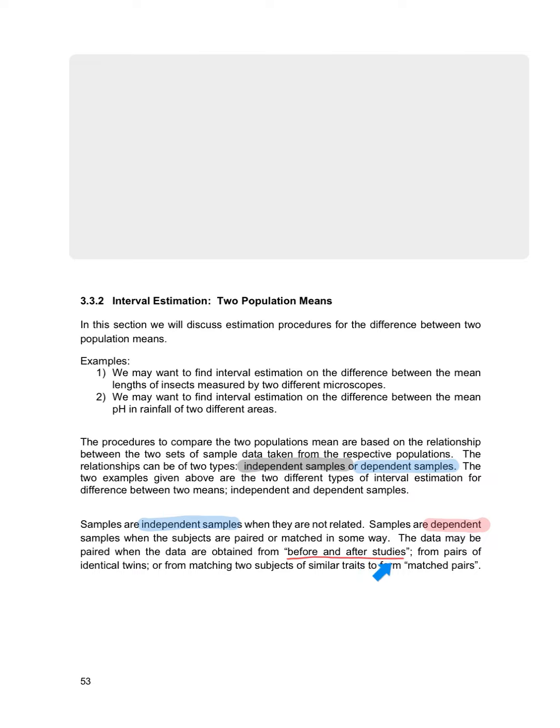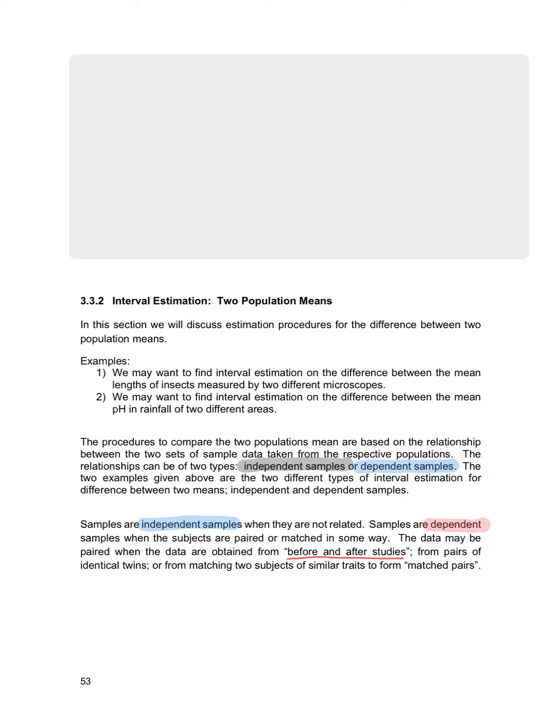I want to know whether there is any difference in the score before and after. So for a dependent sample, we measure a certain population twice, on the same subject two times.